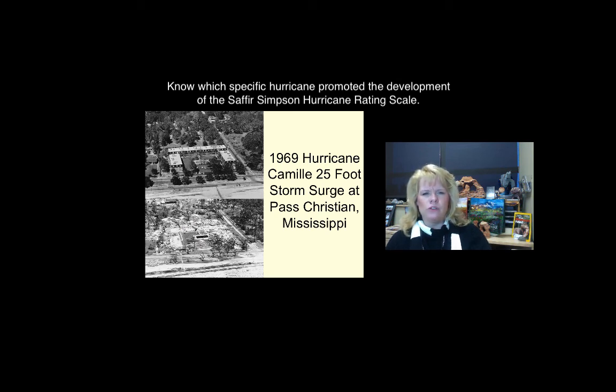And this warning system helped save lives, where some calls were made to say, hey, this is going to be an area where the storm surge is going to be super prone to causing massive loss of lives and property. Evacuate these people. And so that's exactly what happened. And that's when the need for the Saffir-Simpson scale became a reality.